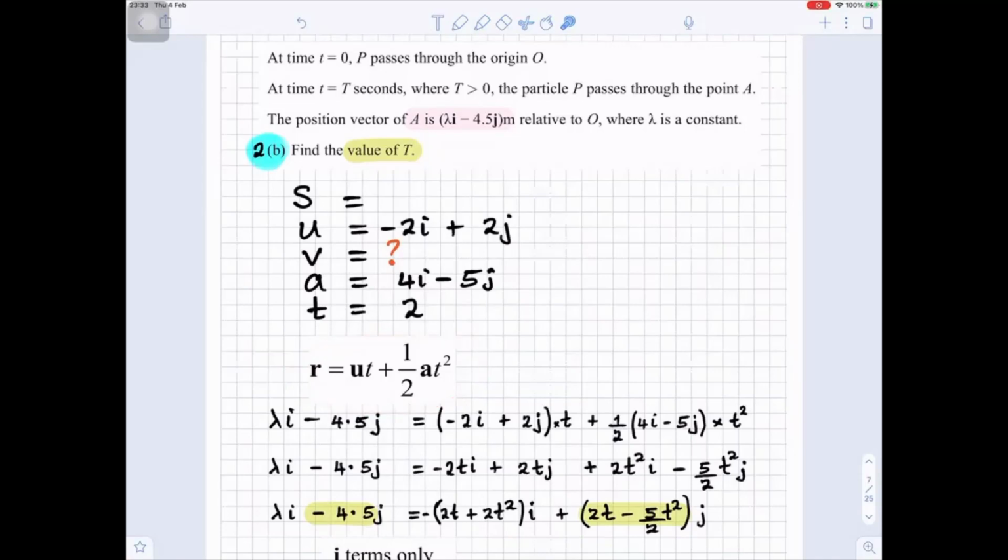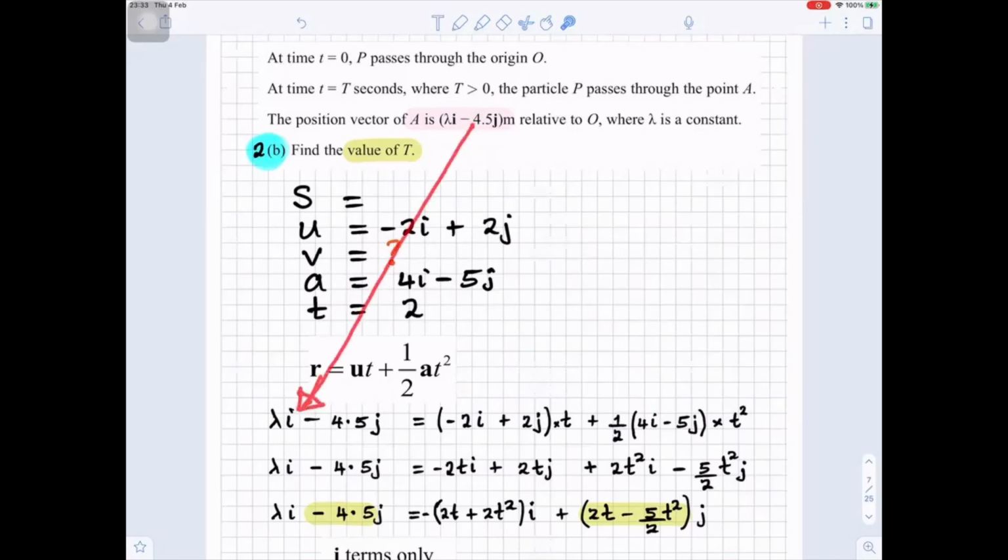r equals ut plus half at squared. r represents the position, which is given by lambda i minus 4.5j from the question.